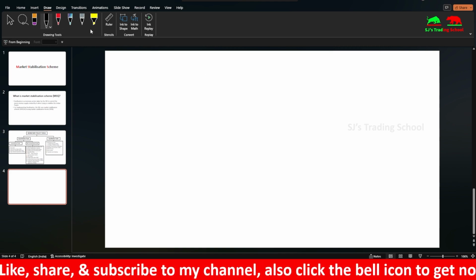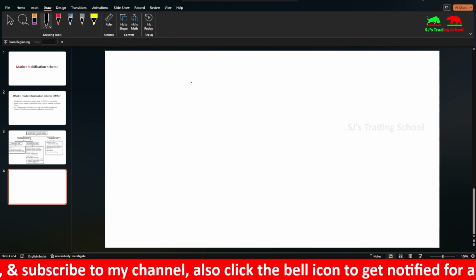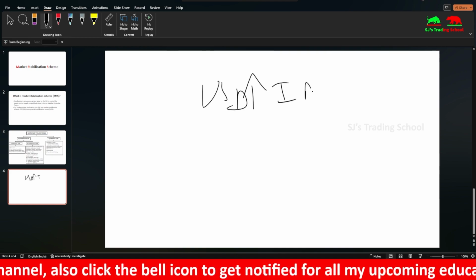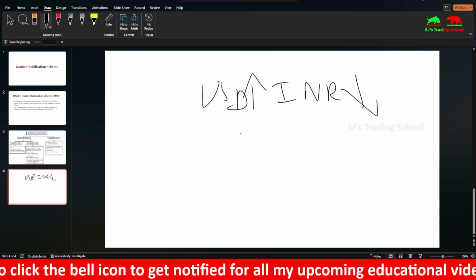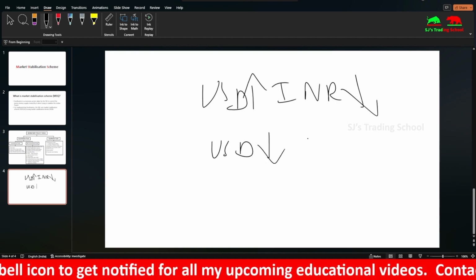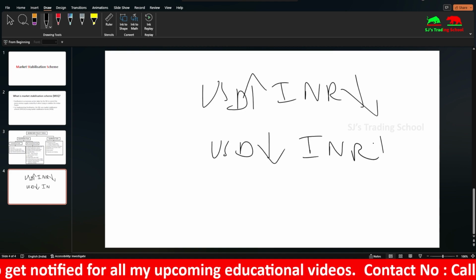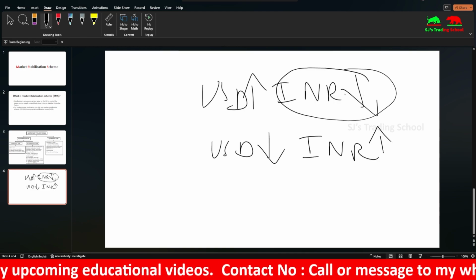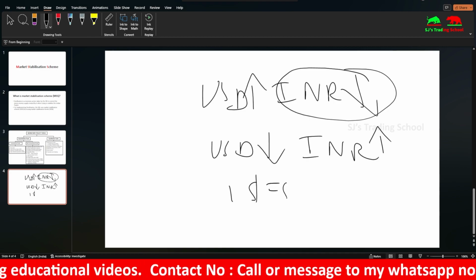So I will explain. Let's take import and export. So there are 2 scenarios. In one scenario, the US dollar appreciates and INR is depreciating, and in another scenario the US dollar depreciates and INR is appreciating. So if our INR depreciates, what happens? For example, suppose $1 is equal to 80 rupees.